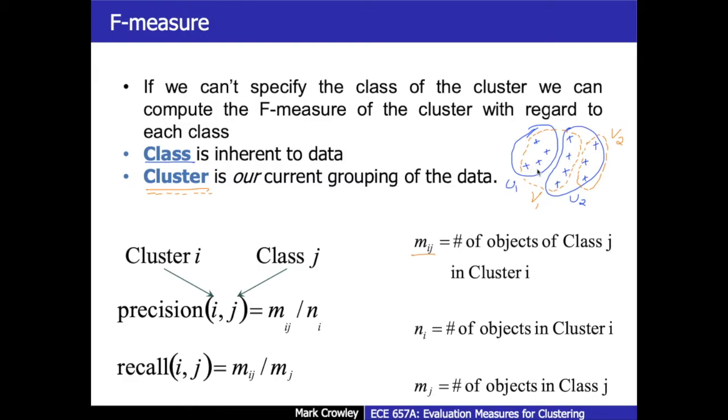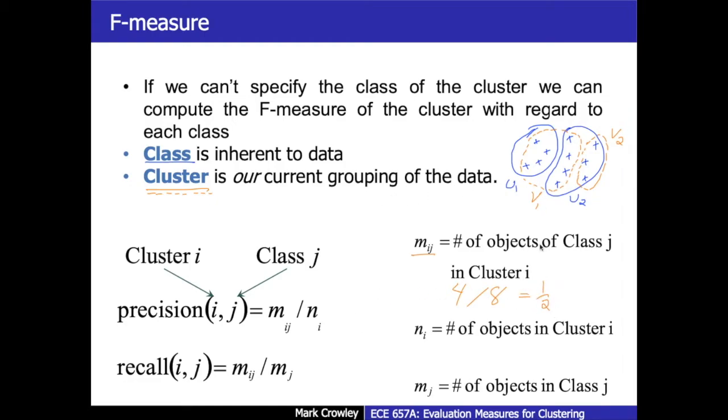So there's 4 objects in class 1 here, and they're all in cluster 1, right? So here we'd have 4, right? Because that's all of them. And then Ni is the number of objects in cluster I, and in that case we've got 8, and so we're not doing very well. Our precision is only half, right?